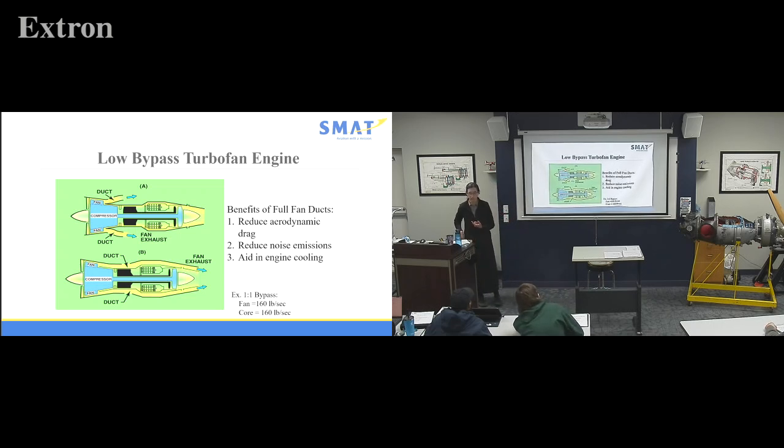It reduces noise emissions because that cooler air is attenuating the sound, making it quieter. And you already mentioned it helps with engine cooling, because this air is much cooler than what's going on inside of the core. An example: if we have 160 pounds per second on a 1-to-1 bypass of fan air, the core is going to be exactly the same, 160 pounds per second.